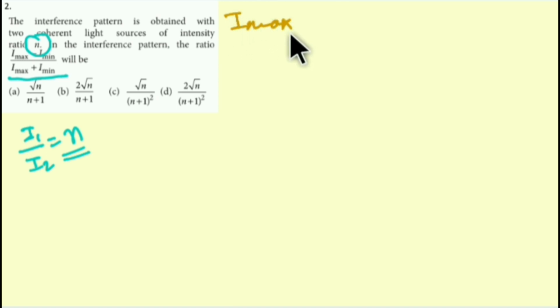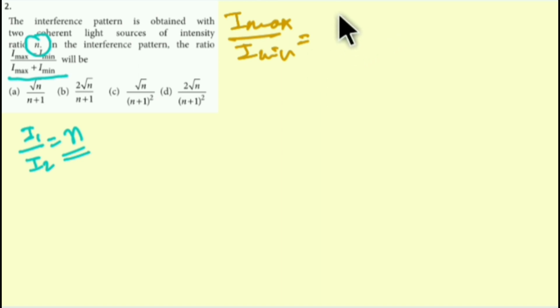In this question you have to find this ratio, and n is given as the ratio between the two intensities, that is I1 by I2 is equal to n. I1 is one intensity and I2 is another intensity. Let's find Imax by Imin.